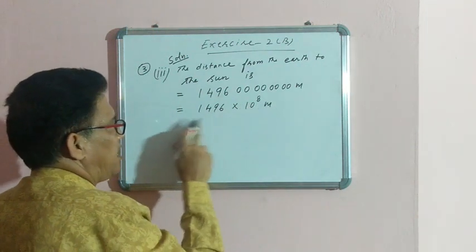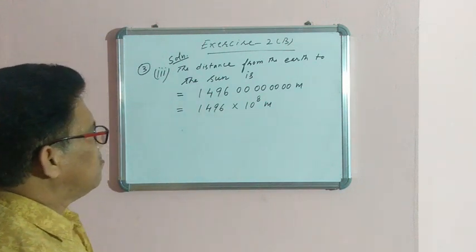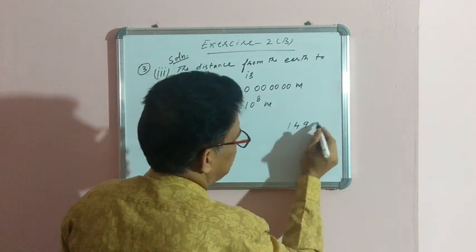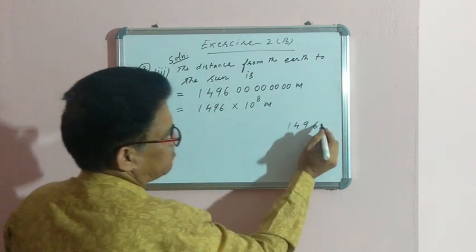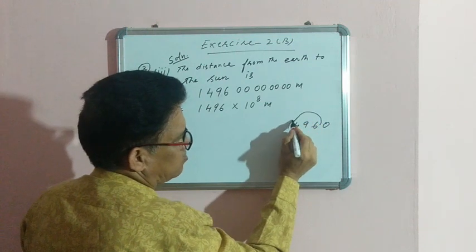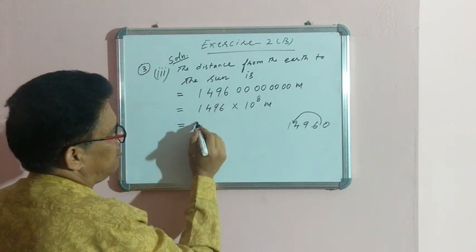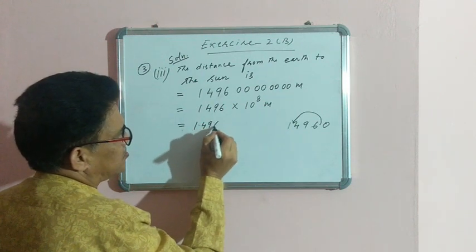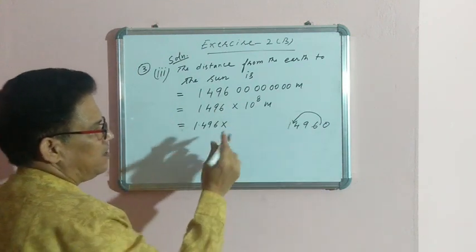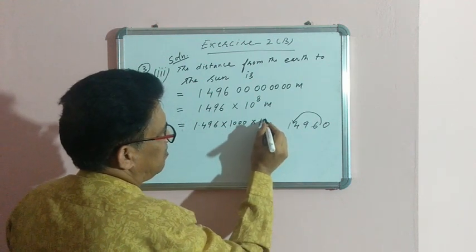But further we have to convert this so that it is less than 10 and greater than or equal to 1. 1496 is there, decimal point is here. So we have to move this decimal 3 places to the left, then it will become 1.496 into 1000 into 10 power 8.